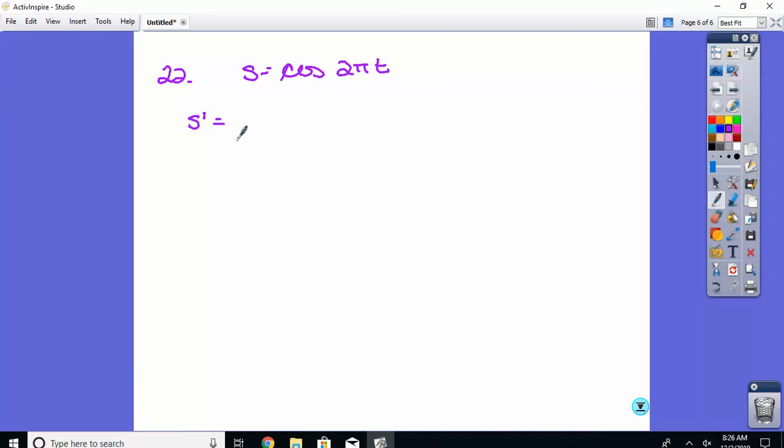Velocity. Okay, so our velocity here, the first derivative, you have to do chain rule, so derivative of the outside, derivative of cosine is negative sine, angle stays the same, times the derivative of the angle, which is 2 pi. So we get a negative 2 pi sine of 2 pi t.